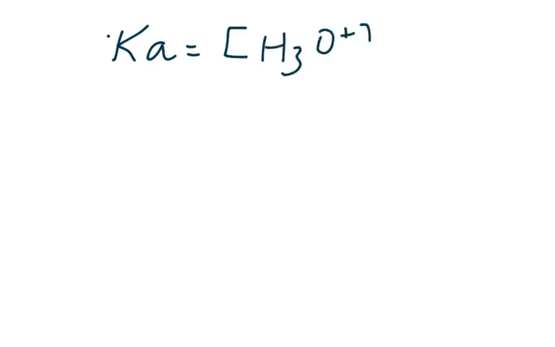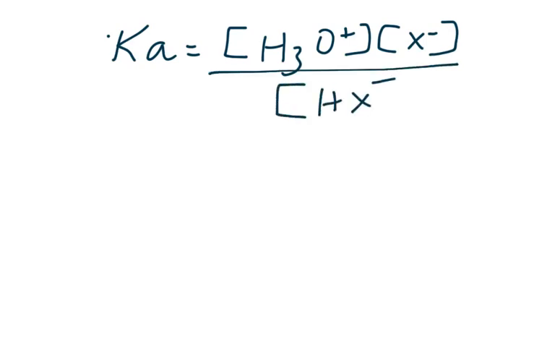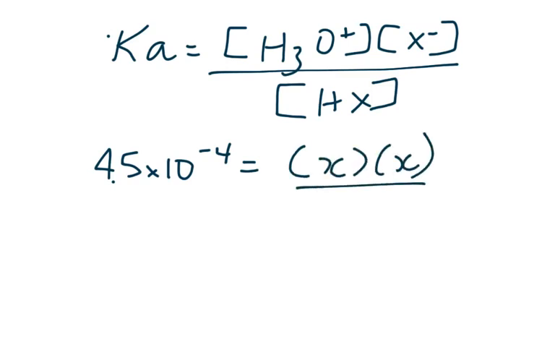So then that means we can calculate Ka, H3O plus times X minus, remember products go on the top, divided by HX. And we never put the water in the Ka, never. It's always just there to help dissociate. So I have 4.5 times 10 to the negative 4 from the question, that's Ka. This is X, and this is X, and I'm dividing by the original concentration of 0.9 because our Ka is smaller than 1 times 10 to the negative 3.